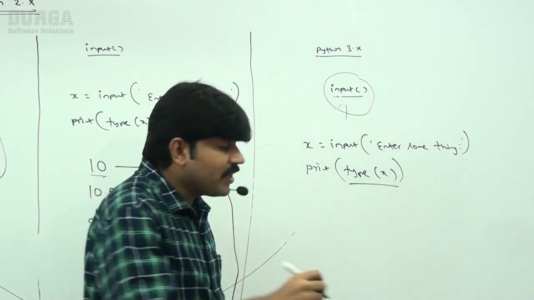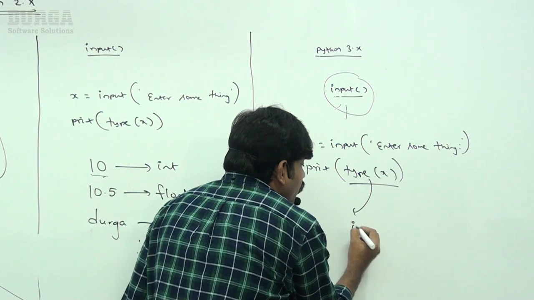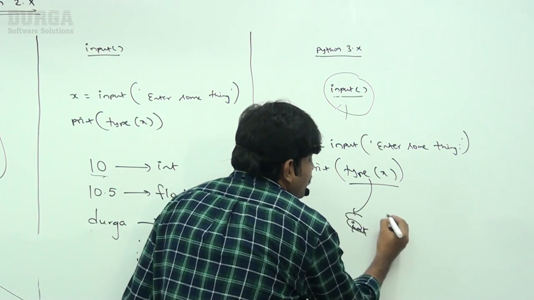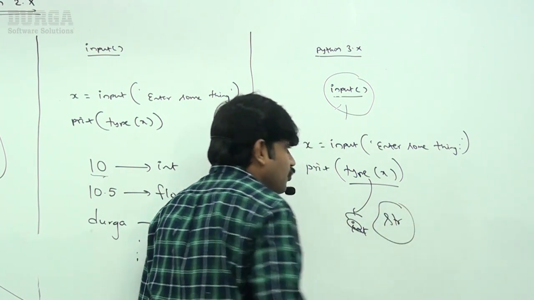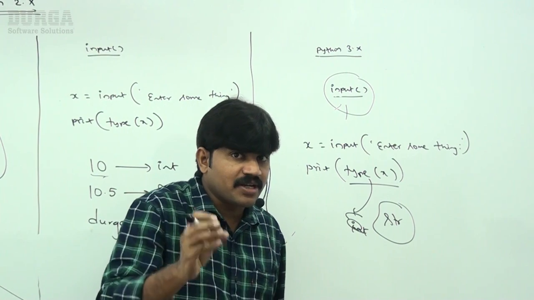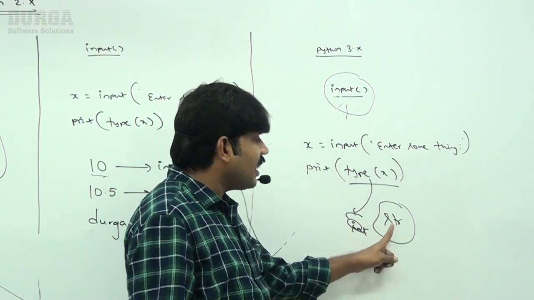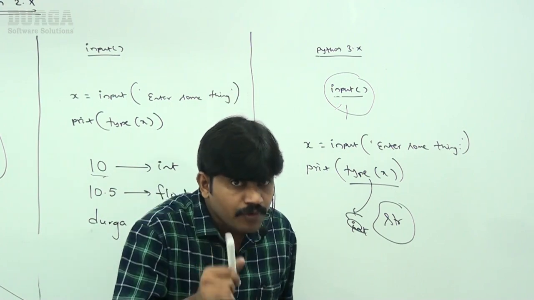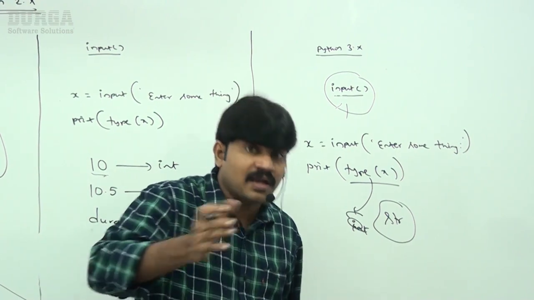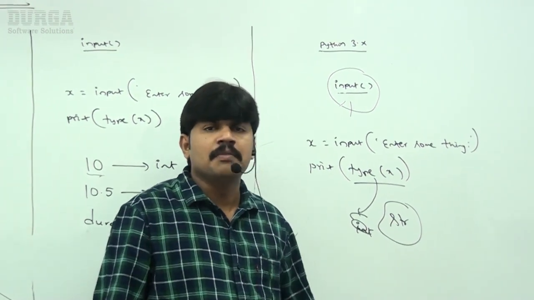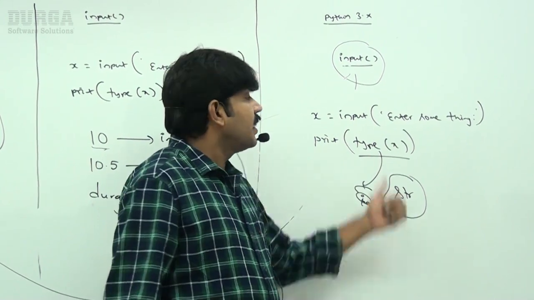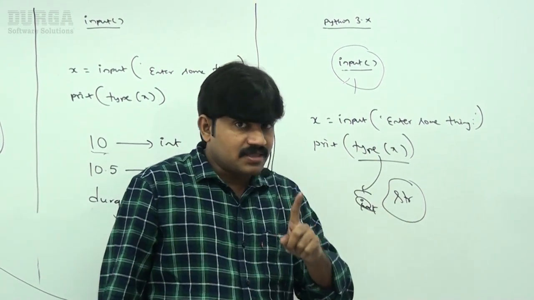The type of x is always what type, sir? str type only. Even if you provide an int value, float value, any type, it's always going to be considered as str type only. If you want to convert into another type, compulsorily we are required to use explicit typecasting functions.